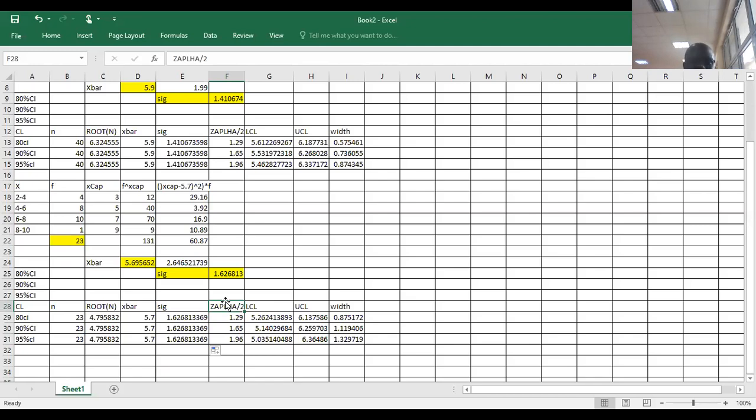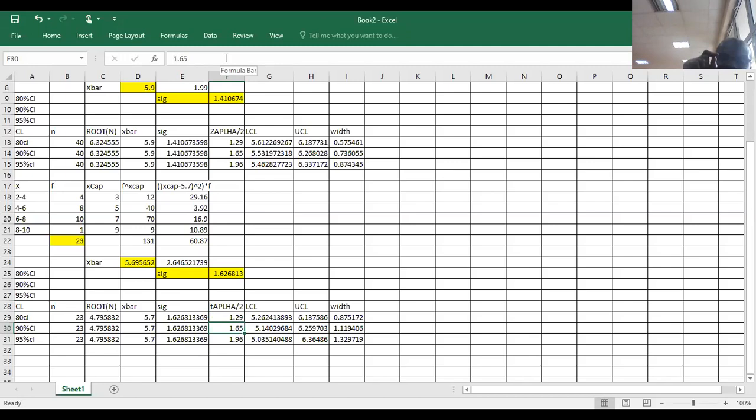T distribution. So this is now T alpha over 2, at n minus 1 degrees of freedom, that I mentioned last time.